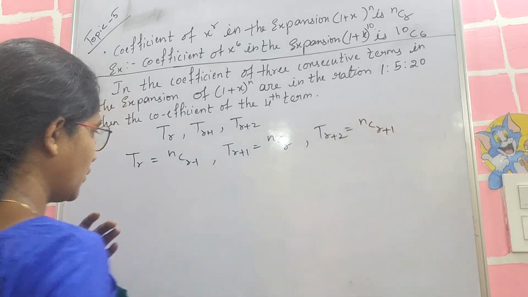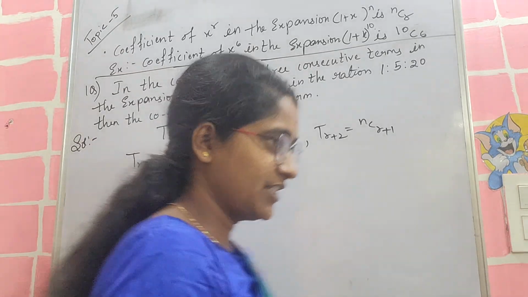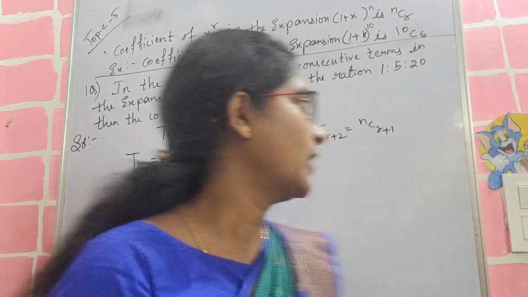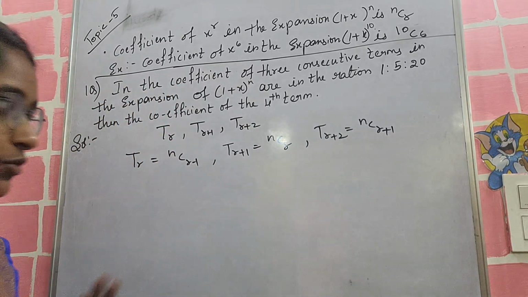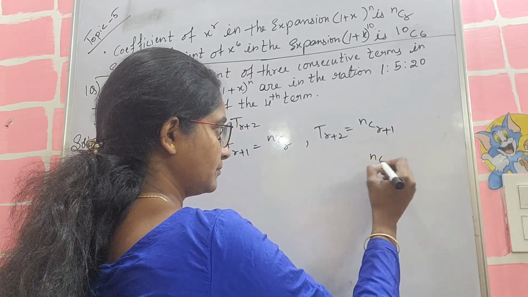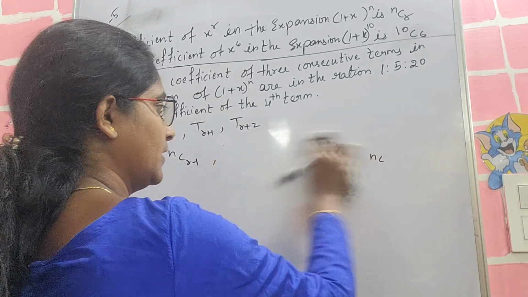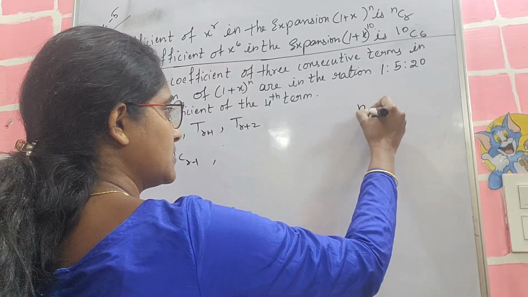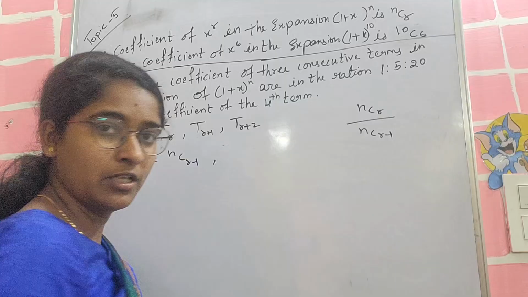Now there is a crisscross calculation. It's a hint for you. I am going to tell you a shortcut formula to calculate it. Suppose you have nCr by nC(r-1).